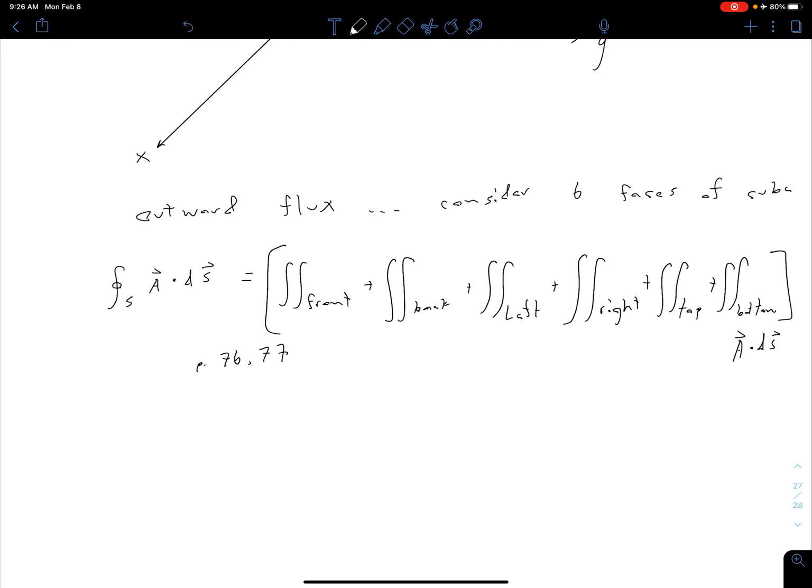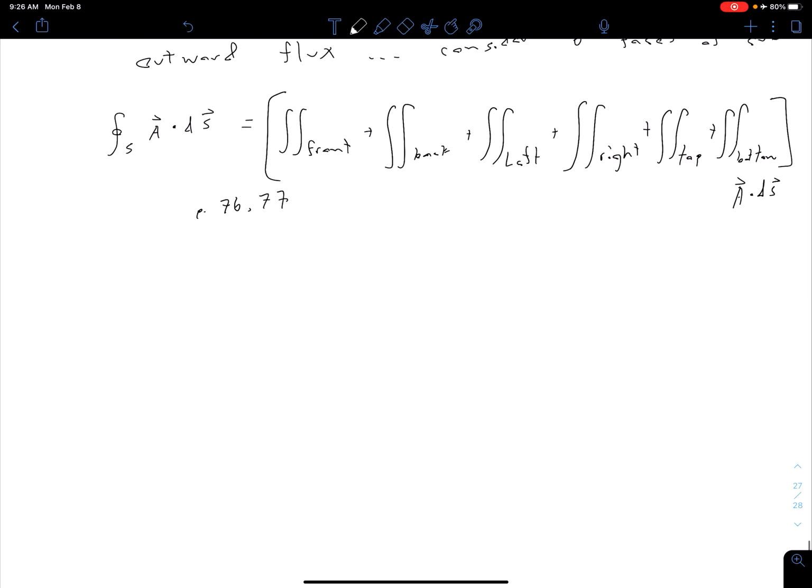Essentially what it involves is doing a Taylor series expansion in 3 dimensions, neglecting higher order terms, and evaluating that integral. What we see is that for our Cartesian coordinates, the divergence of A is equal to the partial derivative of the x component of A with respect to x, plus the partial derivative of the y component of A with respect to y, plus the partial derivative of the z component of A with respect to z.